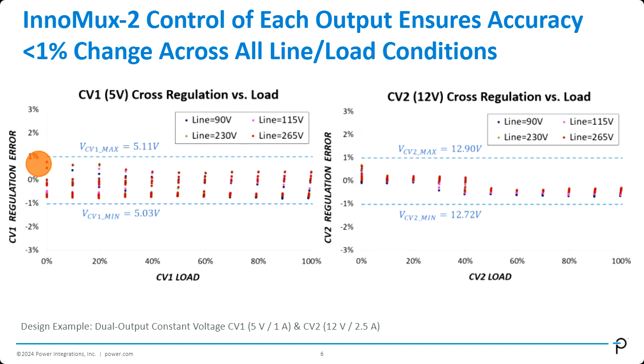I'd just like to be a bit more clear on the data over here. So let's have a look at one set of data, for example. This is the 5-volt output. So this is when 5-volt is being loaded with 20% load. And this set of data includes, of course, the line changes from 90 to 265 volt.